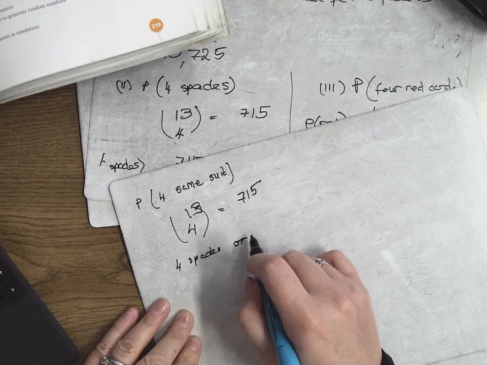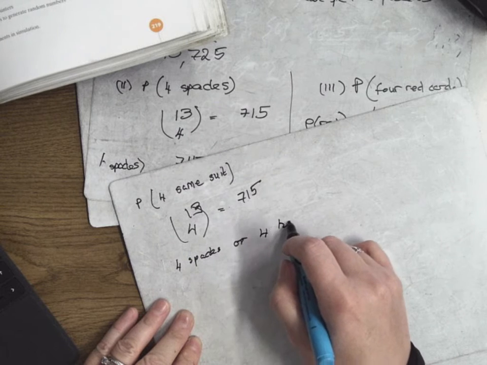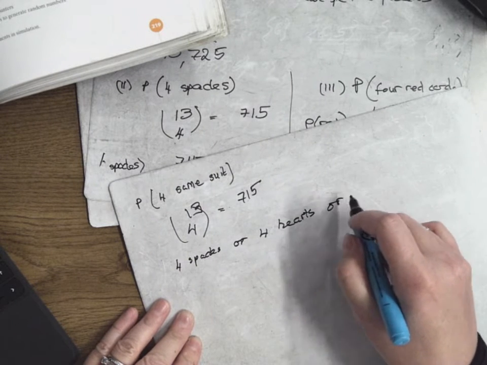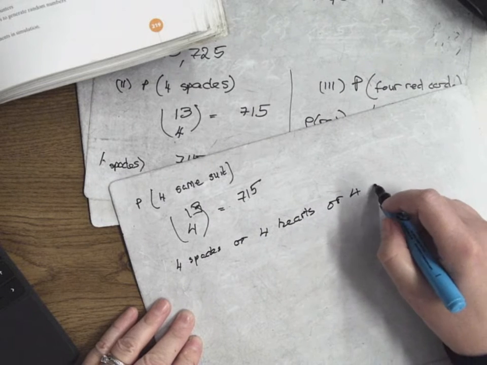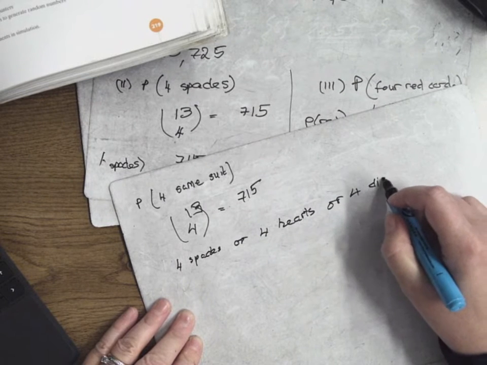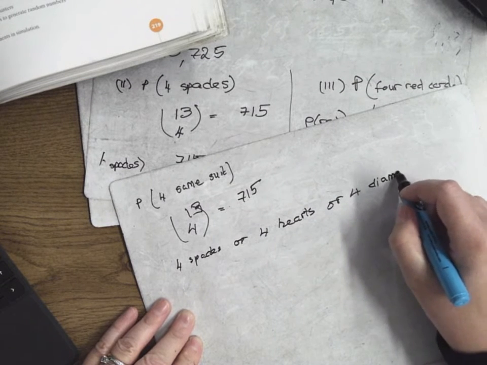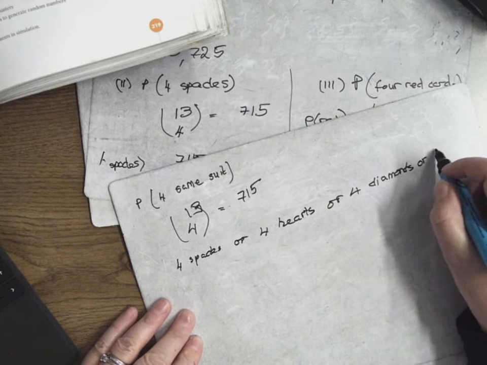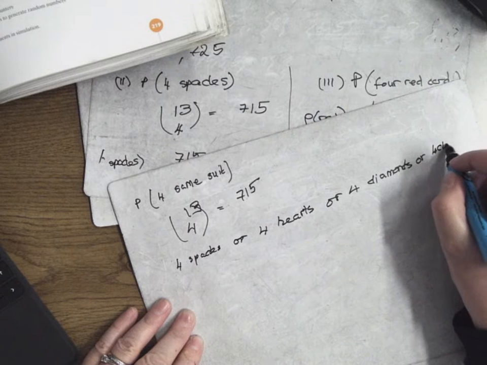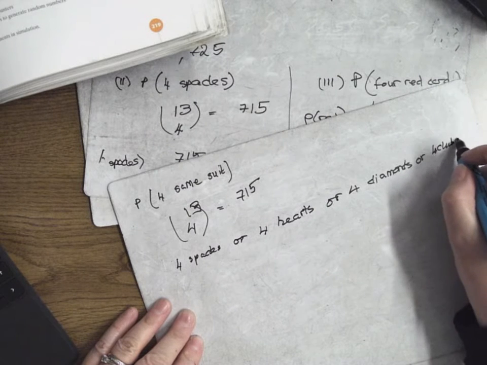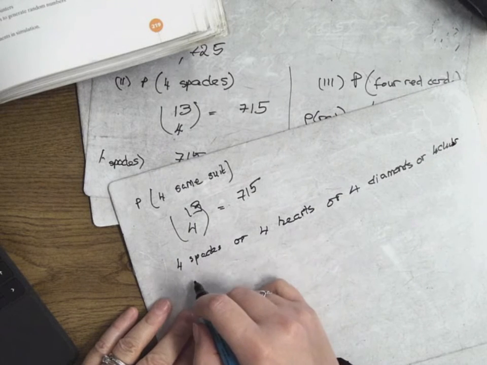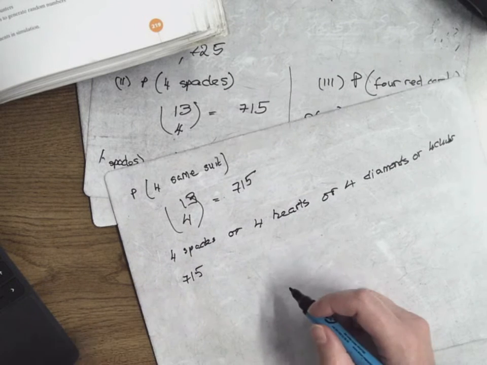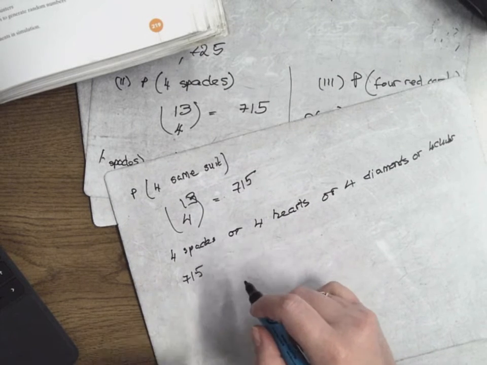Or 4 hearts, or 4, what have I missed out, diamonds, or 4 clubs, isn't that right? So we know that's 715, because that's 13 choose 4.